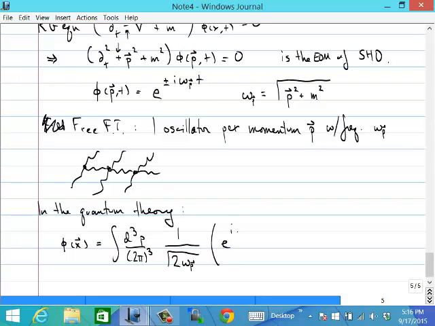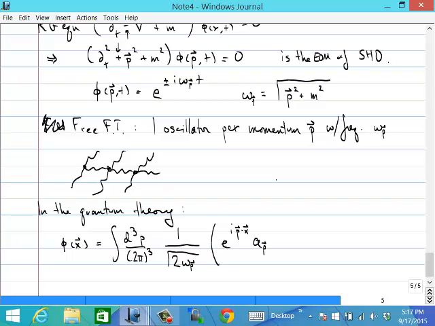So I'm going to write this as e to the ip dot x times an operator that I'll call a_p. So hopefully the fact that I'm calling it a will get your minds thinking about something.